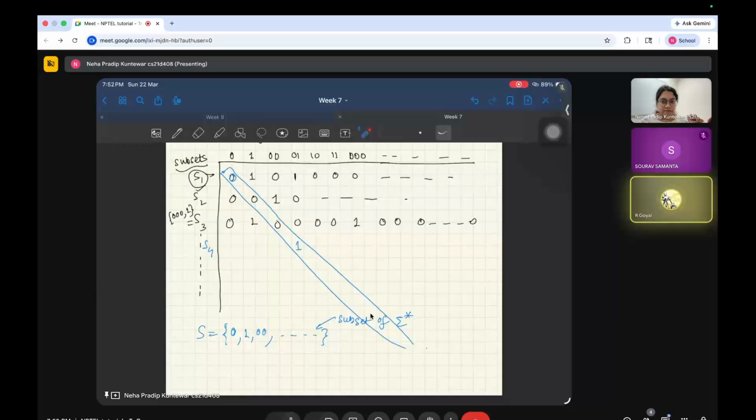So we took all the elements towards the diagonal side, and we got something. Why? Because what this first zero is indicating here is that S1 does not contain zero, is it? Yes.